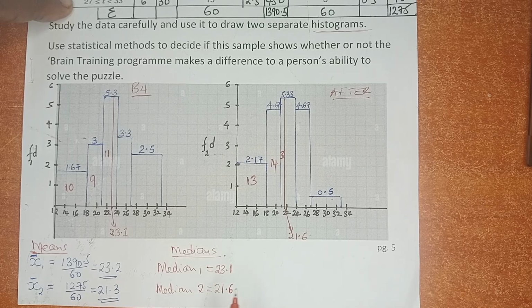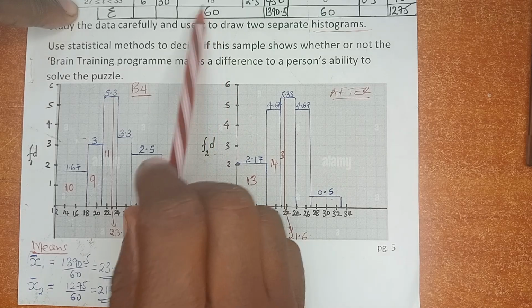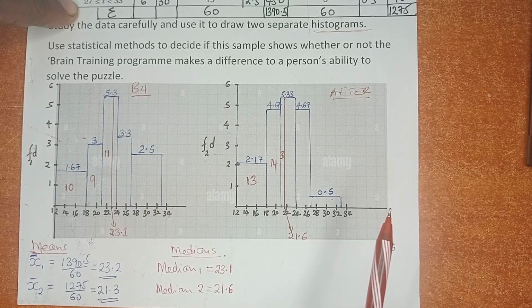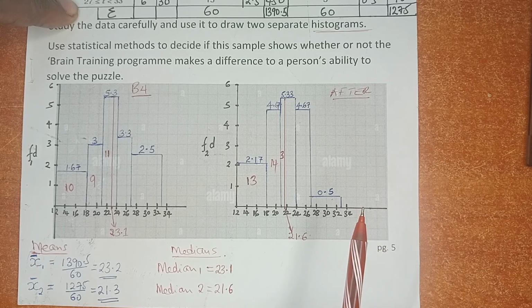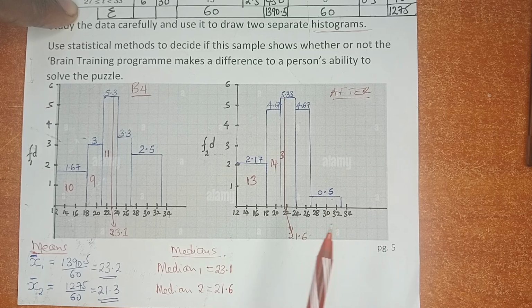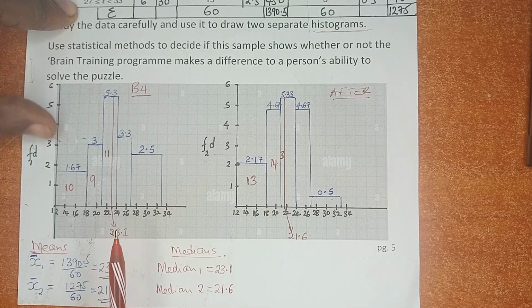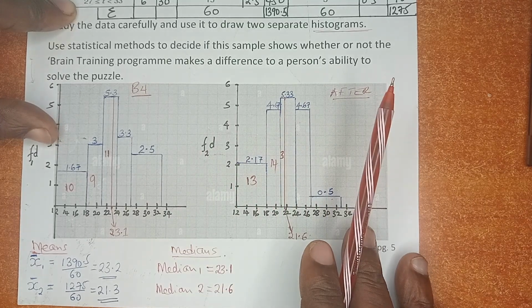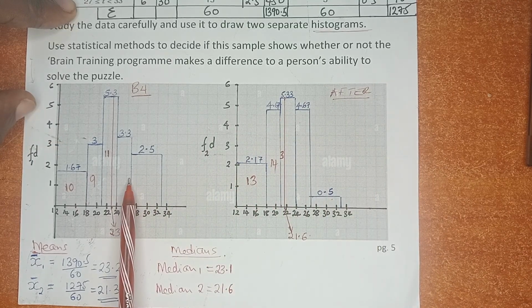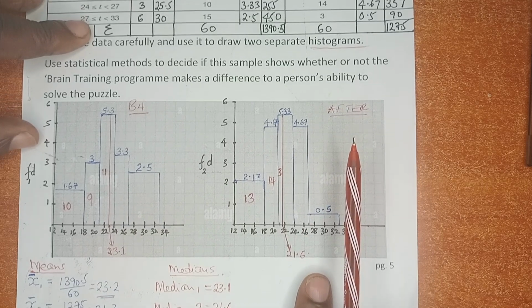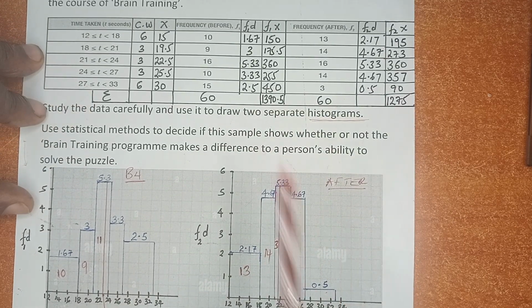But that alone is not enough. So I took it upon myself to be curious about the median in both cases. Because I have 60 participants, I need to know where the 30th participant lies, because the 30th participant is actually the median in both cases. I took the histogram before training, and as you can see, the first group gives us 10 participants, which are here.